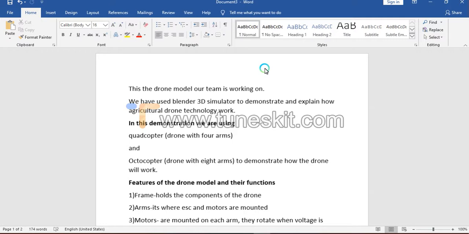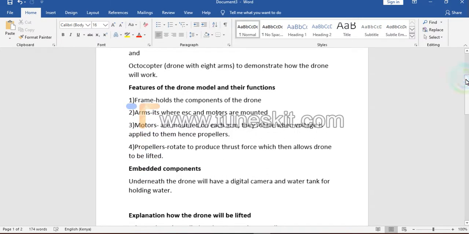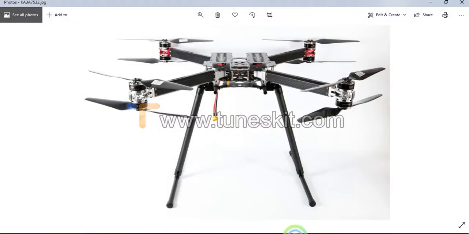So here I'm just going to explain to you guys the features of our drone. One is the frame. The frame is what holds the components of the drone, and I'm going to show you the image, and here it is.